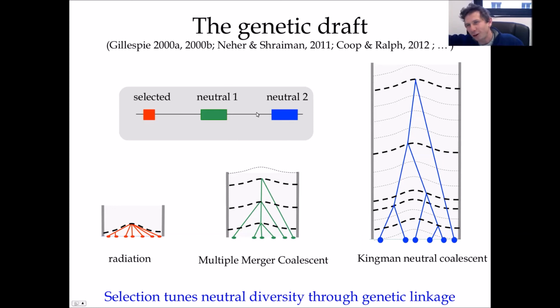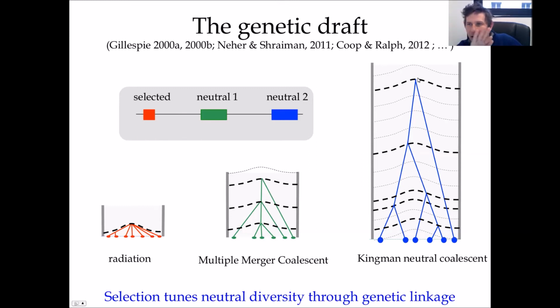But if you go further away from the selected locus, interestingly, there are some sweeps that are so far from that neutral locus that they don't affect it. So they have no effect. The coalescent events do correspond to some selected events, but not all.